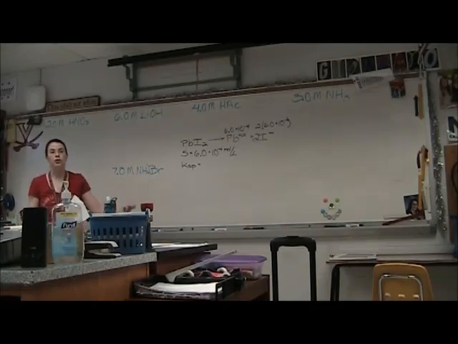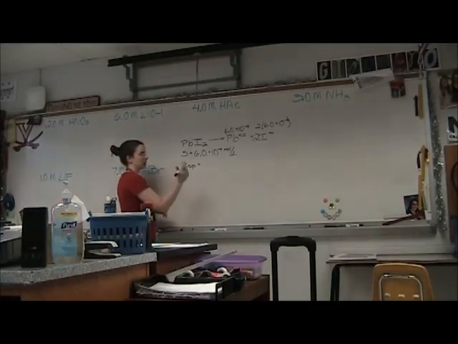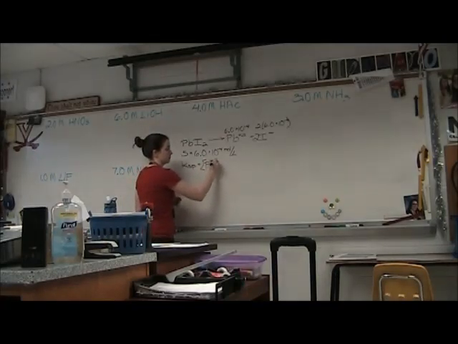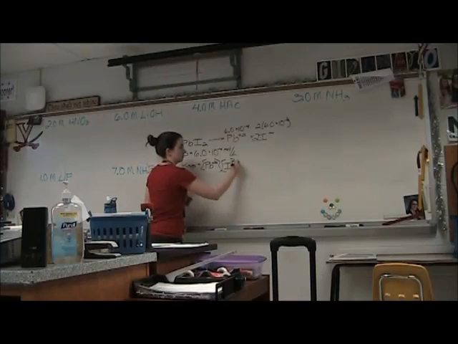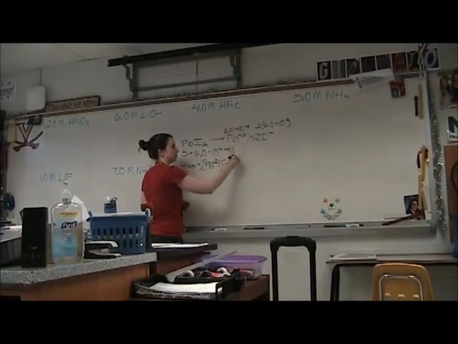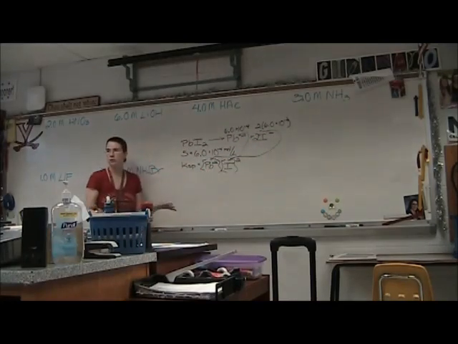They're going to ask you to write the Ka expression, the Kb expression. What does my KSP expression look like? Pb times I minus squared. Now you can take these numbers and plug them in. Quick, easy.